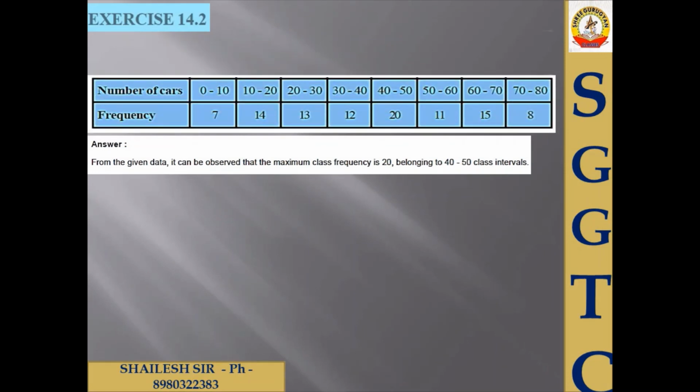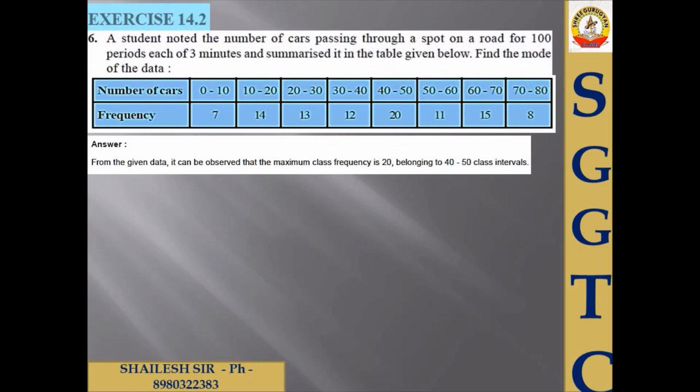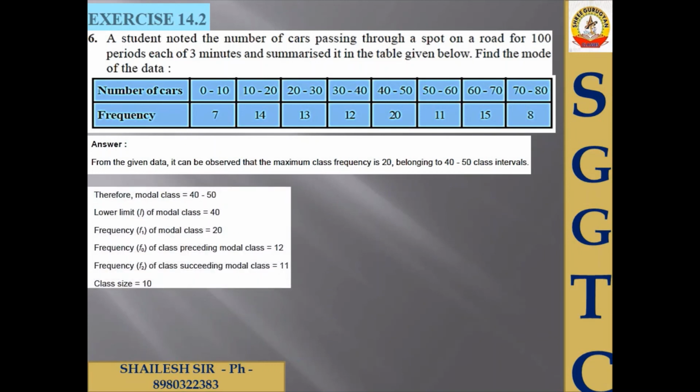14.2 question number 6. Yes, find the mode of the data. Same as before, students, apply. What is the highest frequency here? Yes, the highest frequency is 20. So the modal class is 40 to 50, preceding 12 and succeeding 11, and apply all their values in the statements. Class size is 10. L is 40 because the modal class is 40 to 50, so L is the lower limit of the given class.